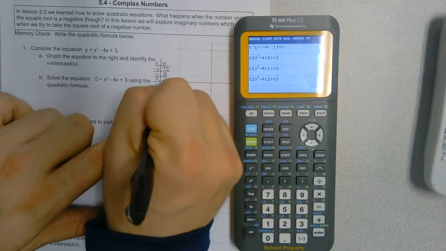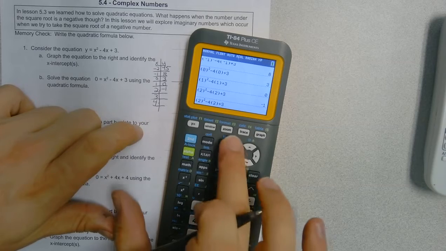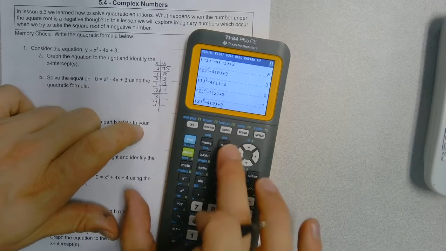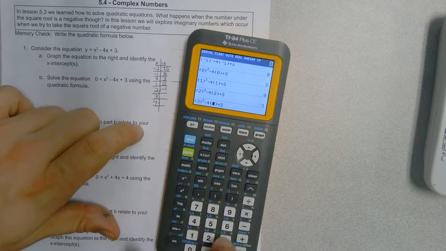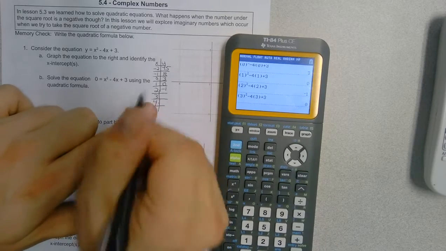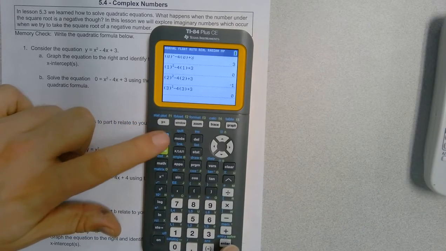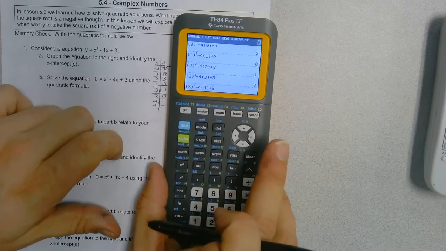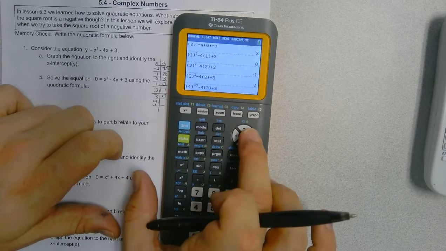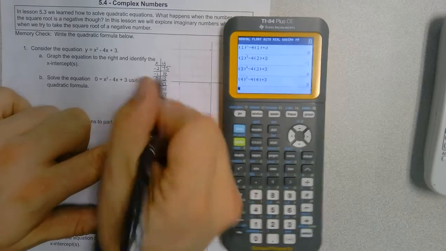So 3, 4, and 5. When I put in 3, I got 0. And I got 3.